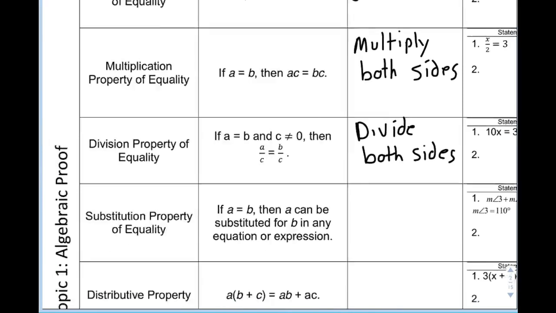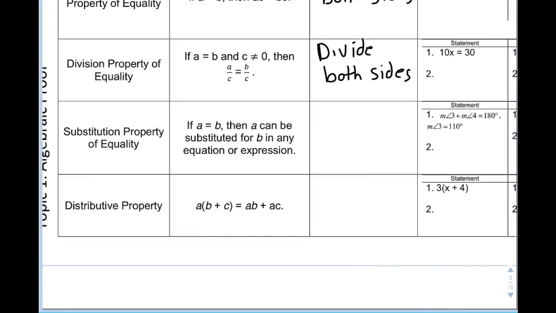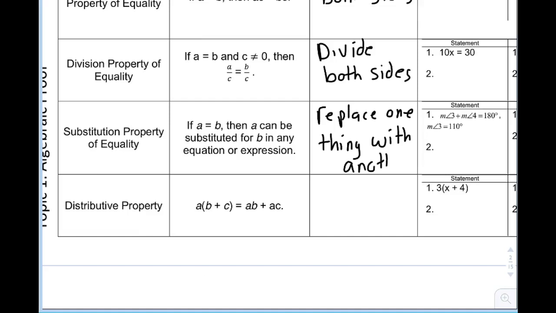The substitution property is one we'll use often. It's when you replace one thing with another. So you think about in basketball, you make a substitution. You replace one player for another player.